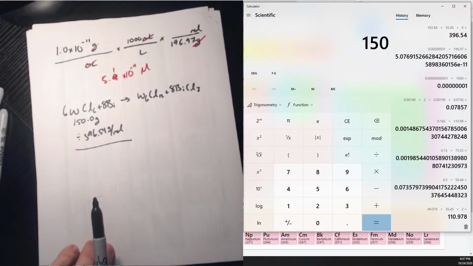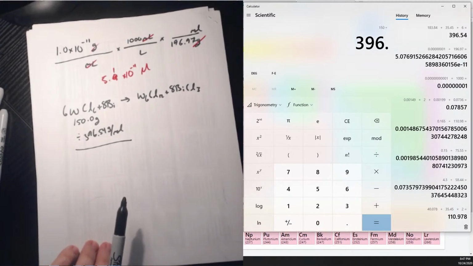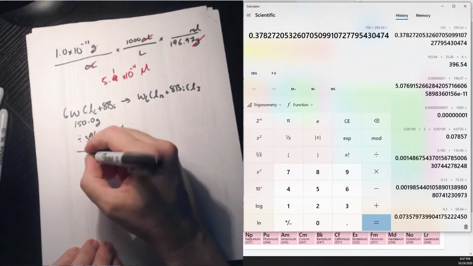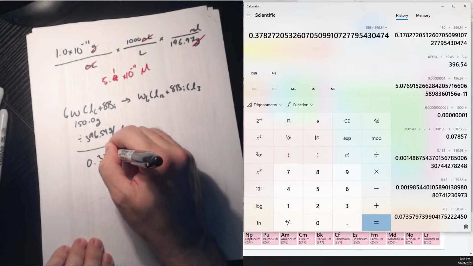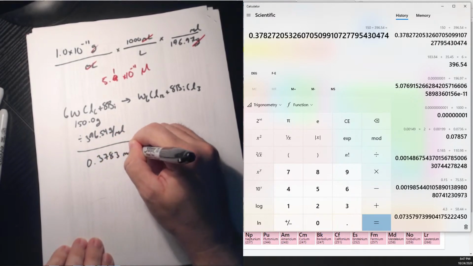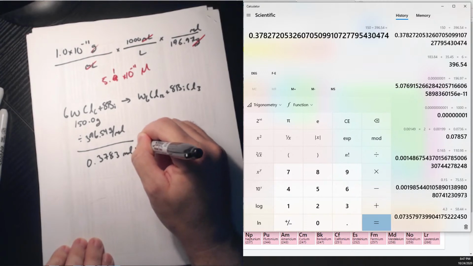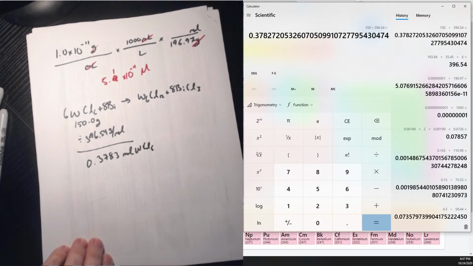So 150 divided by 396.54, 0.3783 moles of tungsten hexachloride.